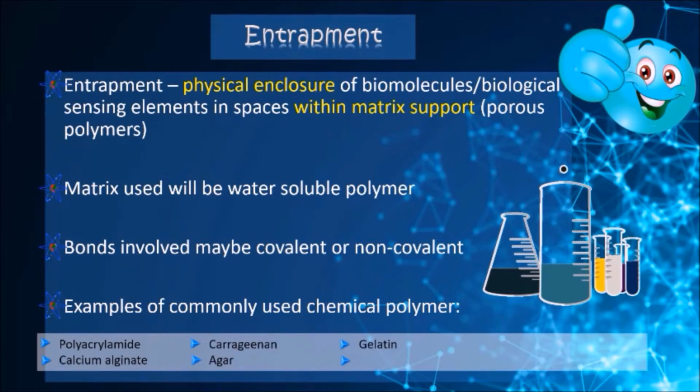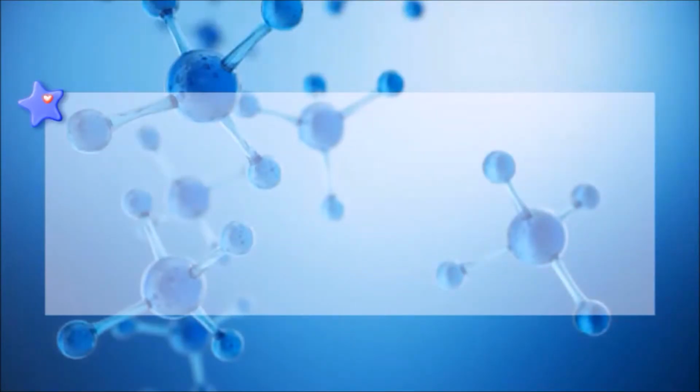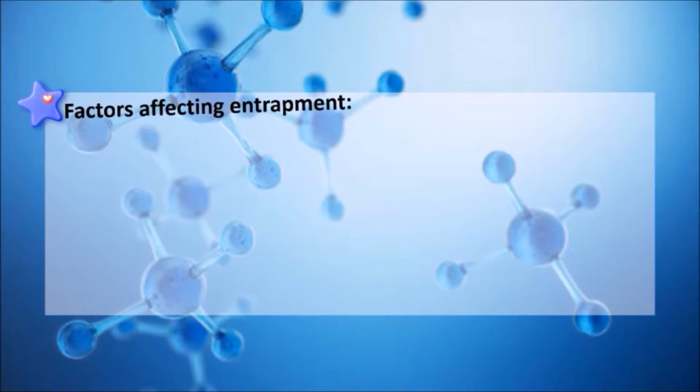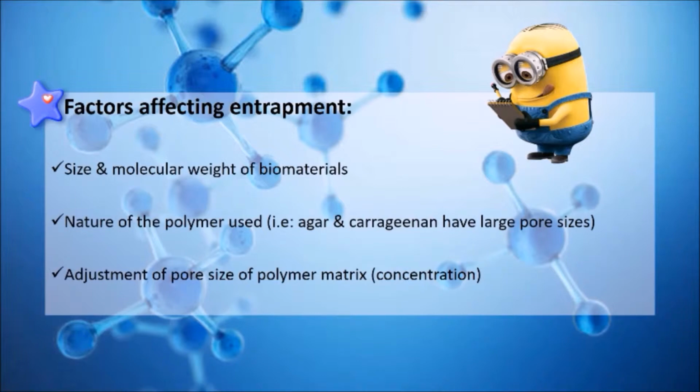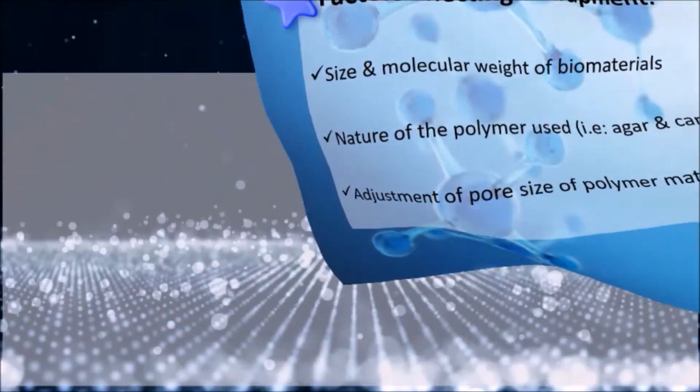These are some examples of commonly used polymers in the entrapment approach. Some factors that might affect entrapment include size and molecular weight of the biomaterials, nature of the polymer used, and the adjustment of pore size of the polymer by concentration modification.